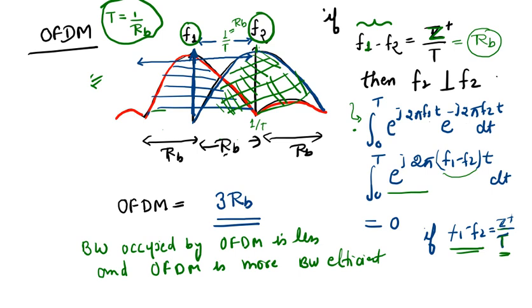If the separation is RB, this spectrum will be the signal corresponding to user 1, and this yellow portion will be the signal for user 2. Here you can see that the total bandwidth occupied by OFDM is 3 RB as compared to 4 RB.